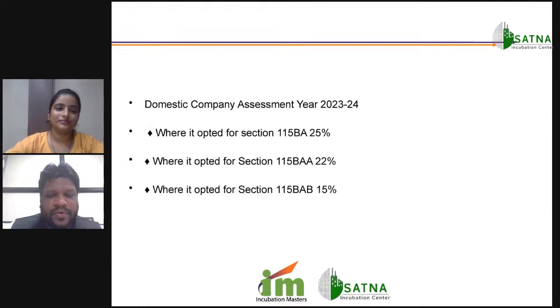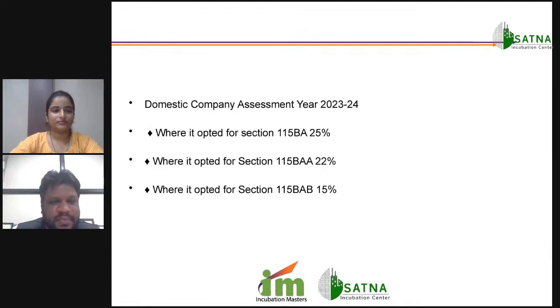Yes. So we were talking about the standard rates. Standard rates we have already seen: LLP will be 30% and the partnership will be 30%. But for the smaller company, it will be 25%. But there are some special criteria if they are met. So domestic companies, if they have opted for section 115BA, then 25%.